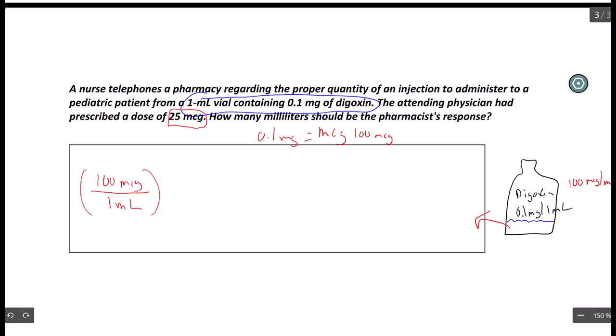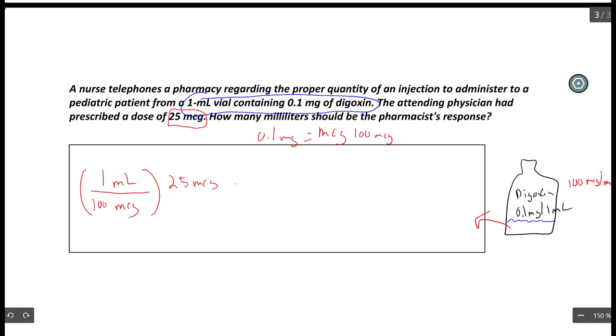And I apologize that I wrote this the opposite way that I wanted, so please disregard that. What I'm looking for is the mLs, so I need to put the mLs on top. So I know that in 1 ml there is 100 micrograms of drug. I need 25 micrograms of drug, which equals 0.25 mLs.